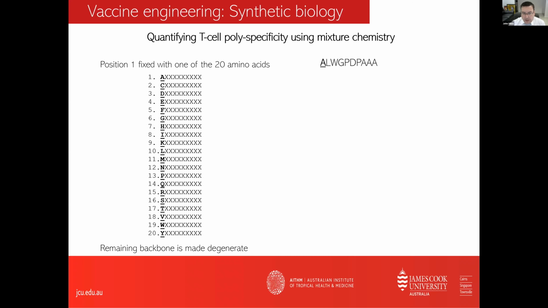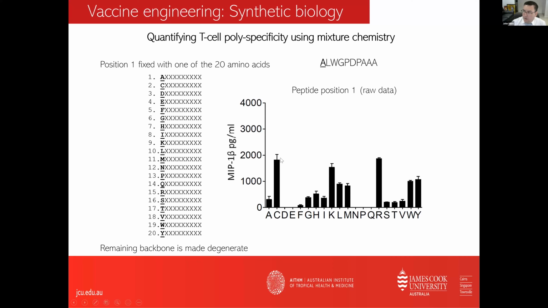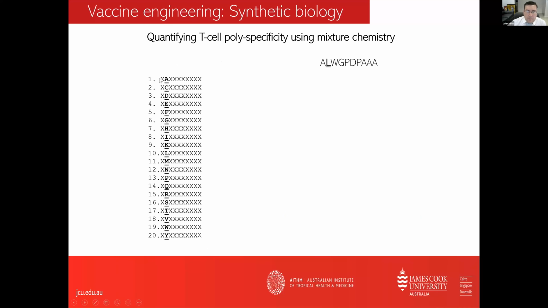And you can see this is A at position 1. The higher the bar, the more the T cell likes it. So you can see there's multiple bars here, C, K, R, even whatever you want. And so, yeah, we were surprised. So we went to the next 20, where we fixed, again, the 20 amino acids.